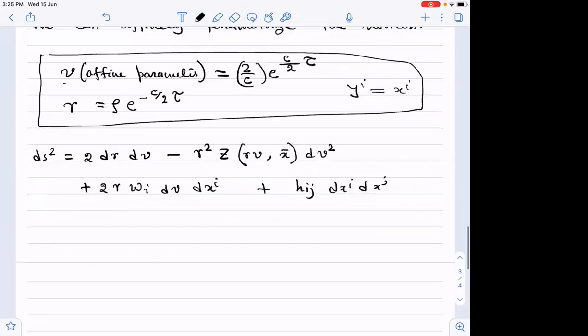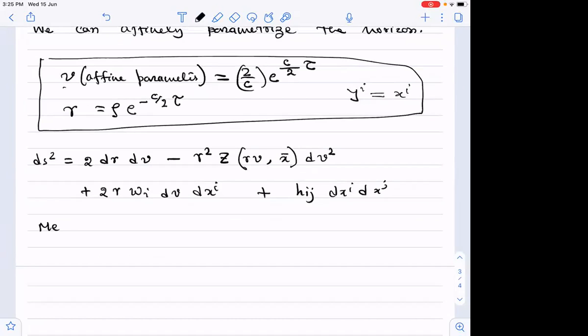I call these metric functions: Z, omega i, and h ij will be functions of R times V and x.